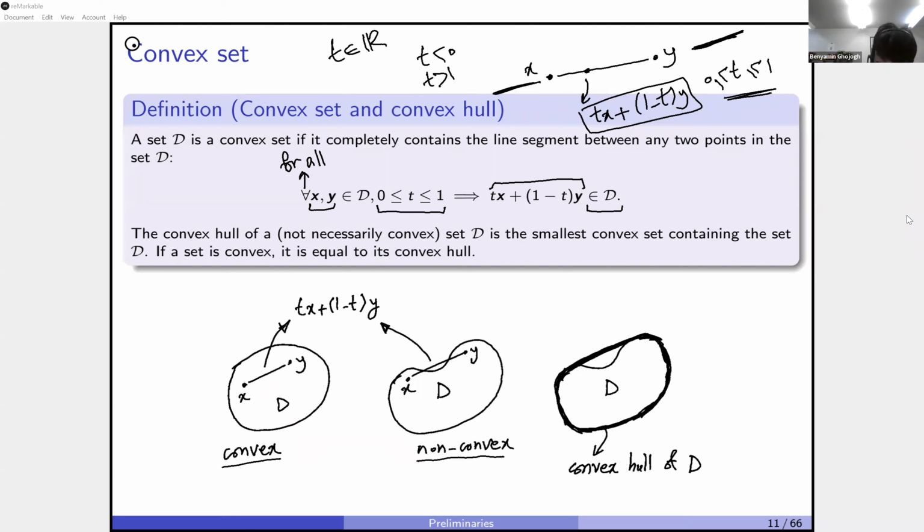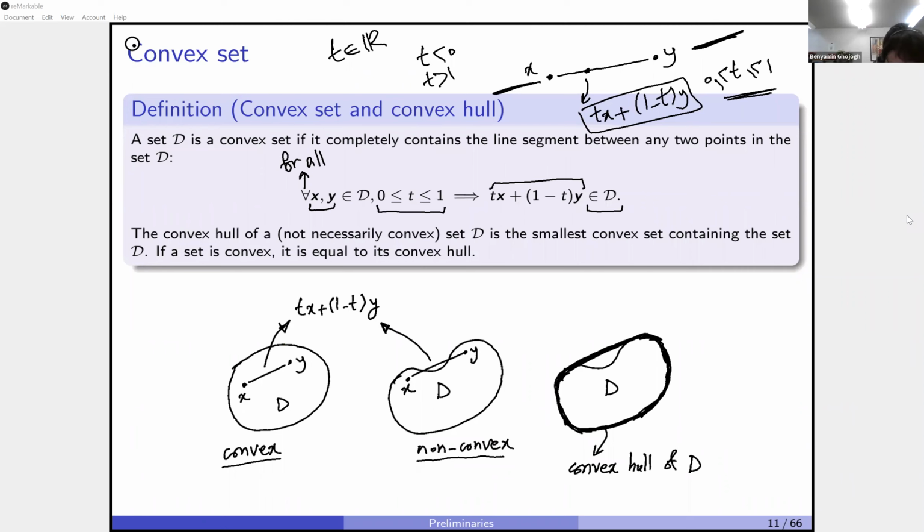A non-convex set is like this. I have found at least 2 points where the line connecting them is not completely inside the set, as you see here. So this is a non-convex set. In very simple words, a convex set is a kind of a bumpy thing.